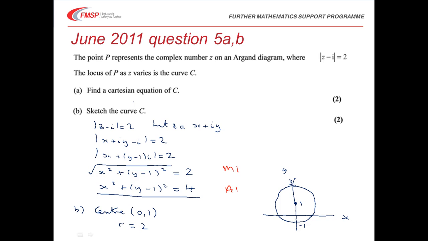That is sufficient for the marks, but if you wanted to, you can also show the x-intercepts, root 3 and minus root 3, when y is 0. The mark allocation for part B is a method mark for drawing the correct circle and an accuracy mark for showing the centre at (0, 1) and the radius is 2.